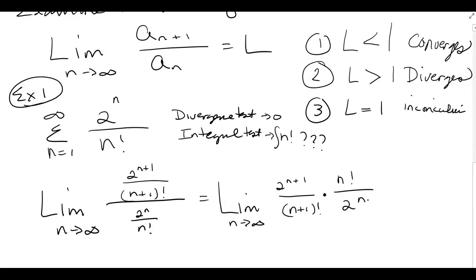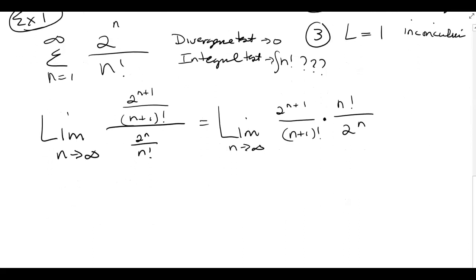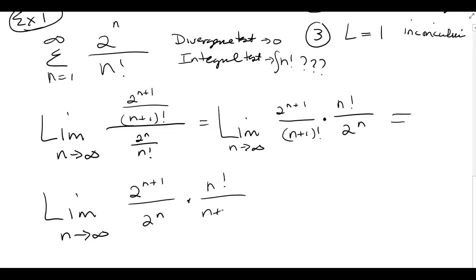All right, so we need to find this limit, and it's actually a lot easier than you realize. Hopefully you start to see some similarities, and if you want to, we can even rewrite it. We don't have to, but I'm going to rewrite it. Not doing anything but rearranging a little. So I'll group the 2 to the n plus 1 over 2 to the n together, and I'll group the n factorial over n plus 1 factorial together.